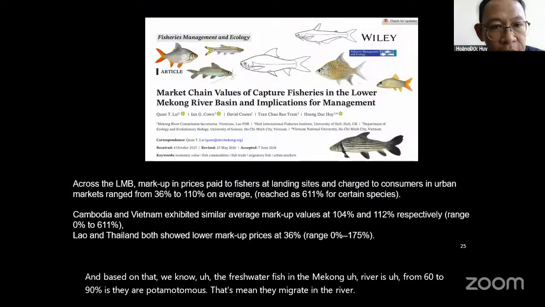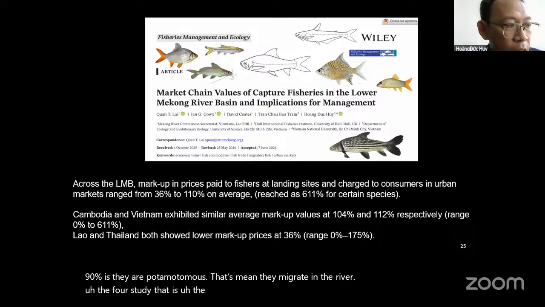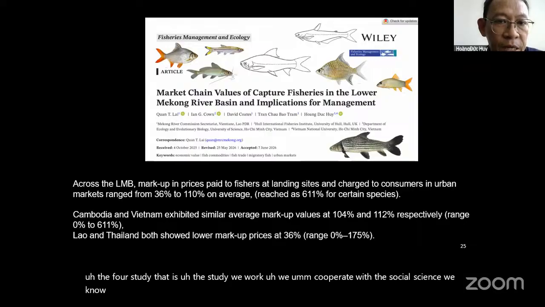The fourth study is the one we work on in cooperation with the social sciences. We study the market chain values of the capture fisheries in the lower Mekong.